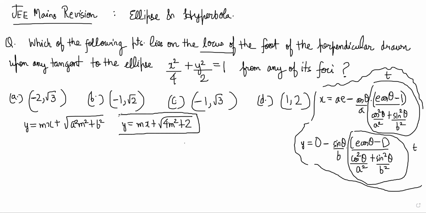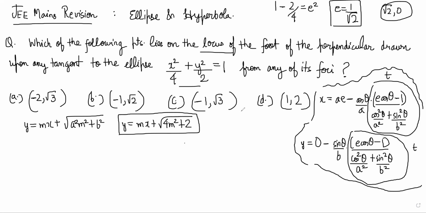And ae we can find: e is 1 by root 2, and ae is 2a into e, so the focus is root 2 comma 0. And the slope of the perpendicular line from here will be minus 1 by m. Okay, this is much easier actually. So y minus 0 is equal to minus 1 by m times (x minus root 2).